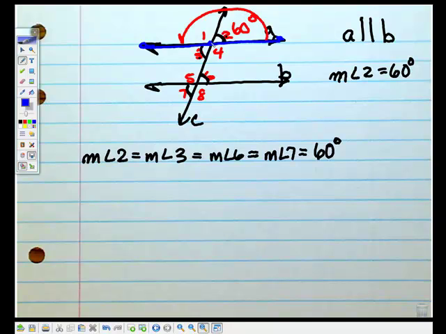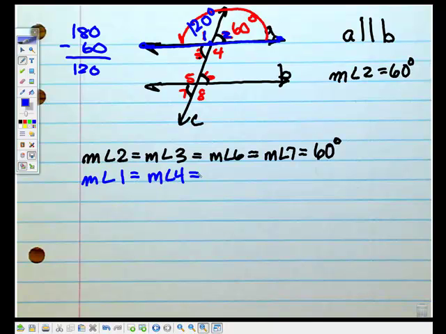So angles 1 and 2 are supplementary, which means they have to add up to 180. 180 minus the 60 degrees already there means that this side has to be 120. So we now know the measure of angle 1 is 120 degrees, and the measure of angle 1 has to equal the measure of angle 4 because they are vertical angles. The measure of angle 5 has to be equal to the measure of angle 4 because these are alternate interior angles.